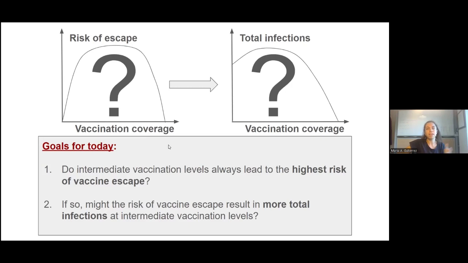If intermediate levels of vaccination increase the risk of escape, does that also mean that they increase the total infections that we would get? Or maybe they do not have the same result in the total infections, because obviously we all know that vaccines have incredible benefits in terms of reducing transmission. So these are my two goals for today.